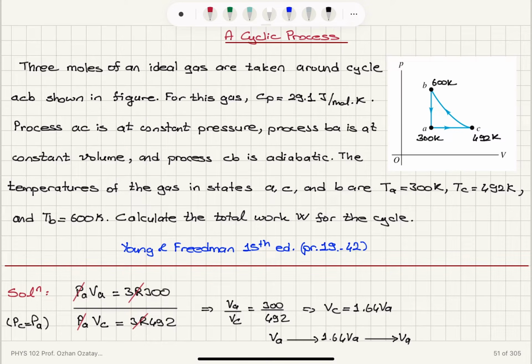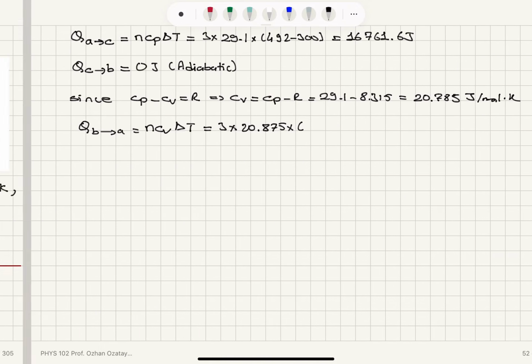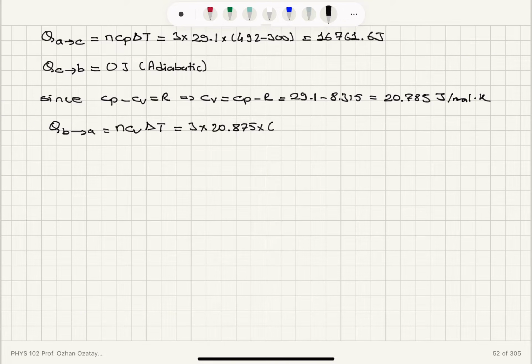We're going from 600 Kelvin to 300 Kelvin. So this is 300 minus 600. So the heat added to the gas between point B and point A in the isovolumetric process is minus 18,706.5 joules.